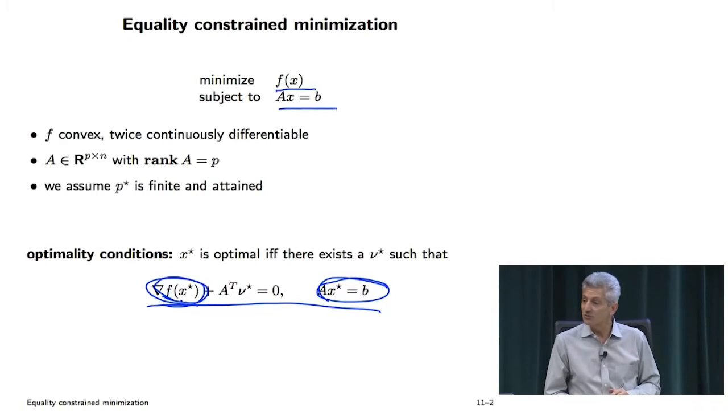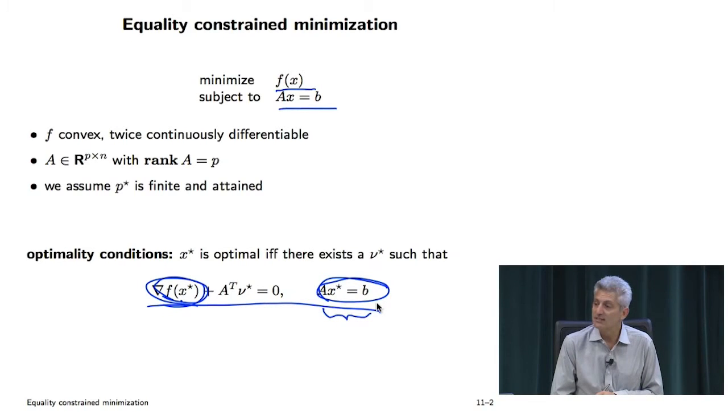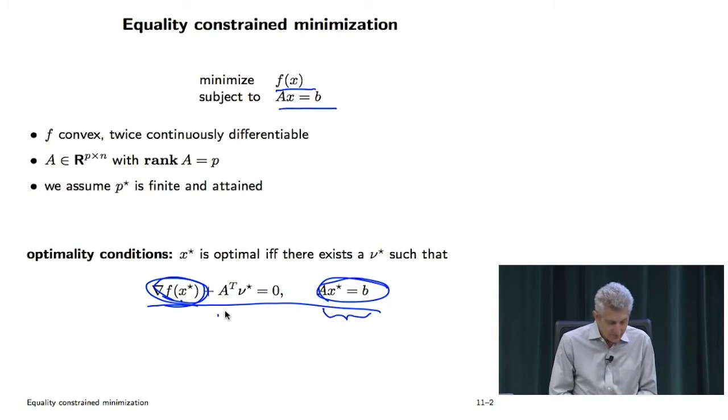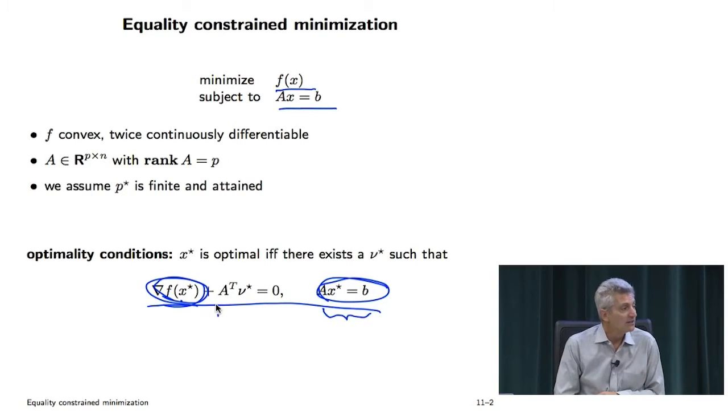By the way, people have names for the residuals. The residual in this equation is called the primal residual, sometimes denoted Rp, and the optimality condition is Rp equals 0. The expression on the left is called the dual residual, denoted Rd, and the optimality condition is that Rd equals 0.